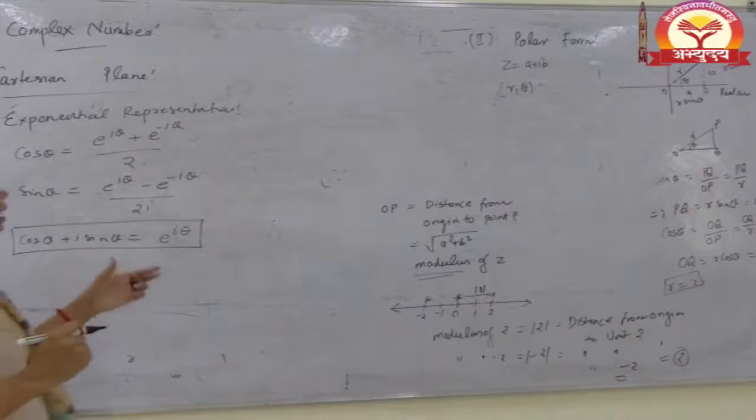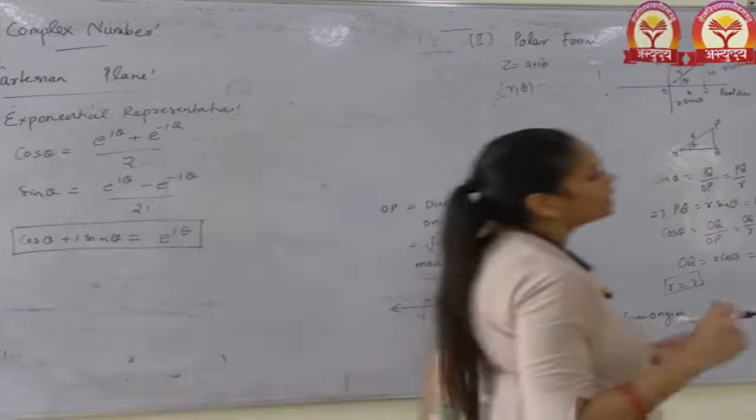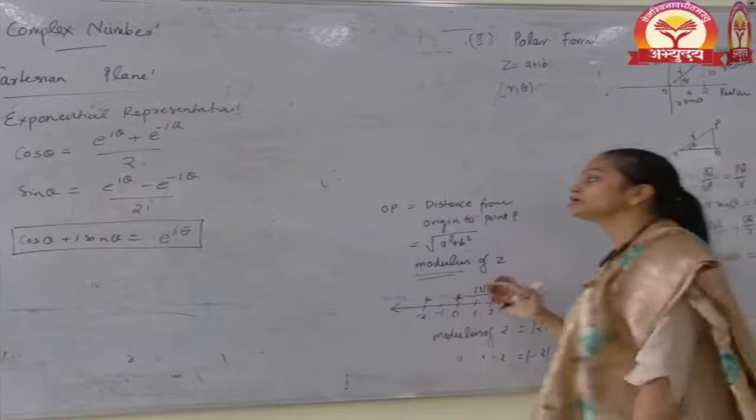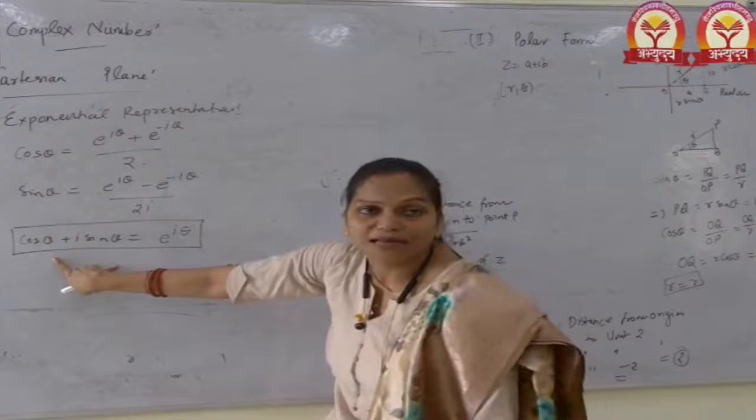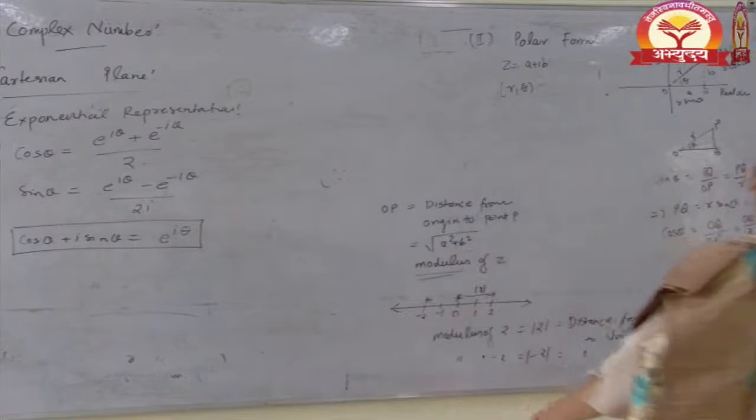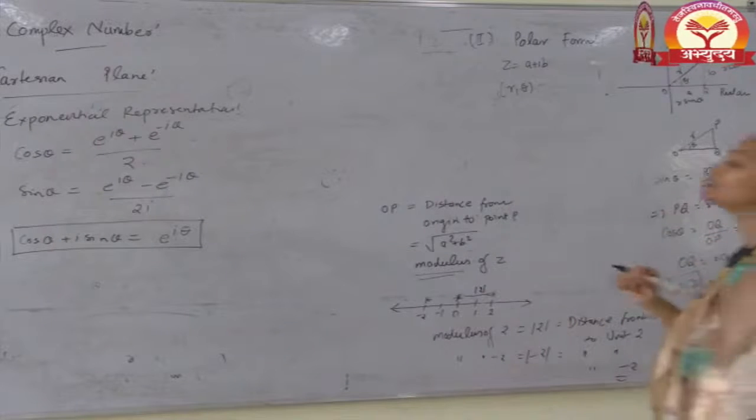By Euler formula, e raised to power iθ can be defined by this sin and cos like this, cos θ plus i sin θ. अभी जस्ट आपने यहाँ पर डिफाइन किया, मैंने इसे जस्ट इरेज किया अभी.